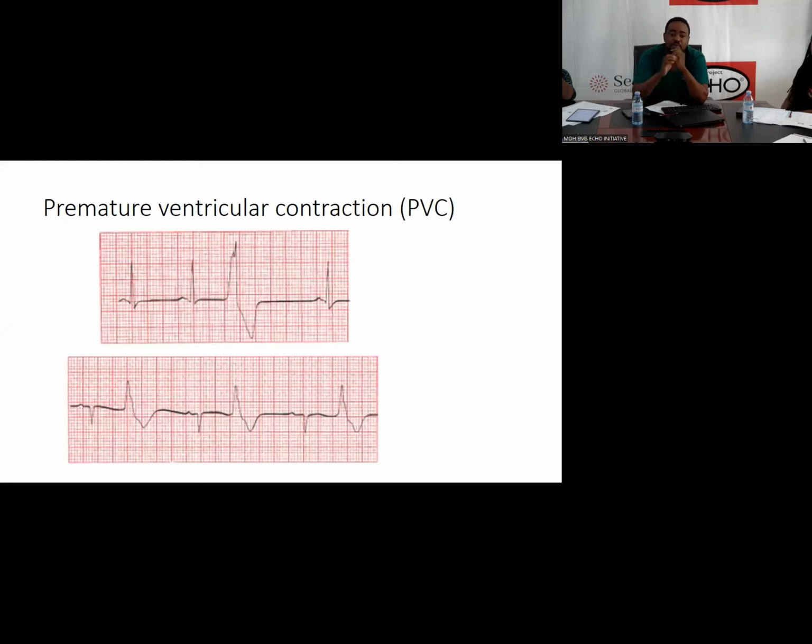So this is how it will appear: you see a normal QRS complex, then you go to one bizarre looking one. That's a PVC, and oftentimes they have no problem. We see them commonly in normal hearts, and they're usually unsustained. You just see one, and it will not appear again.